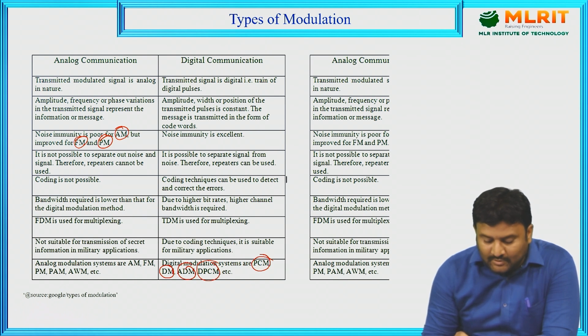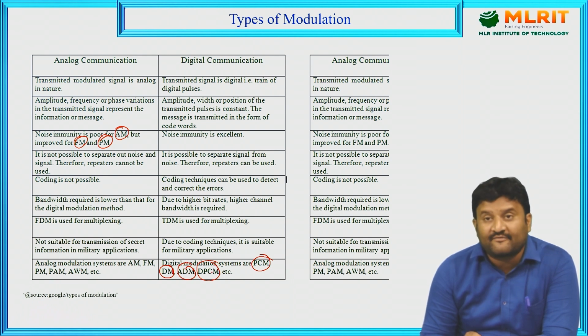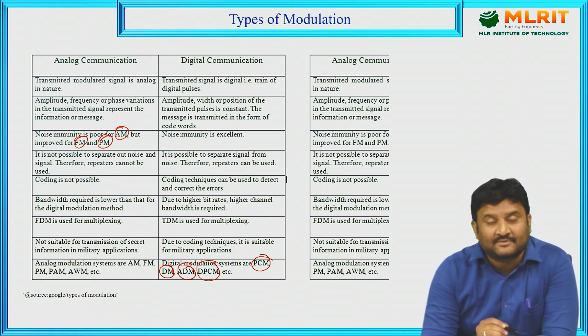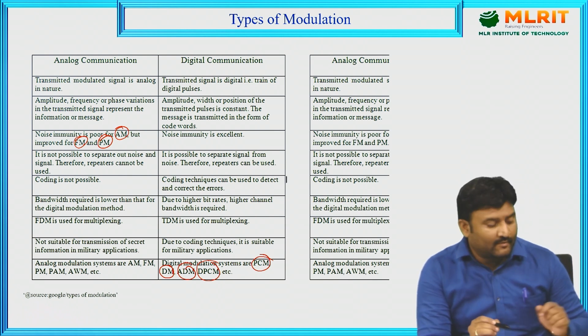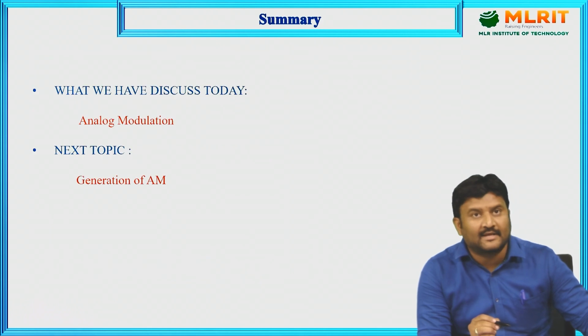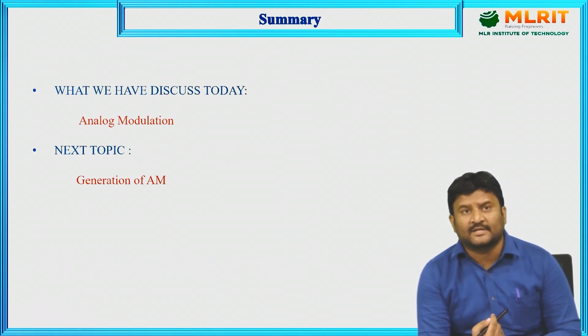PCM means pulse code modulation, DM means delta modulation, ADM means adaptive delta modulation, and DPCM means differential pulse code modulation. These are different types of digital modulation techniques. In the coming sessions, we will discuss one by one, very clearly, the generation methods of analog modulation techniques.